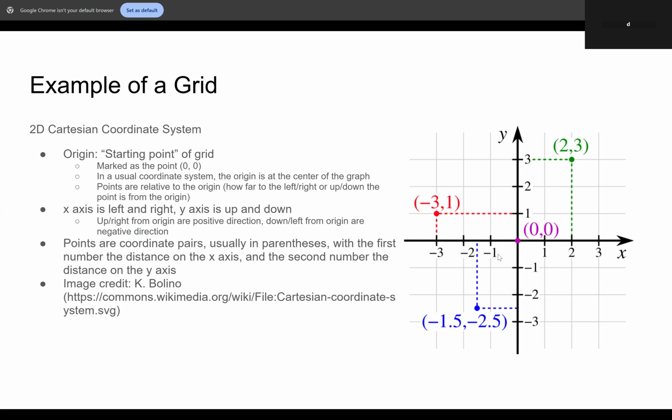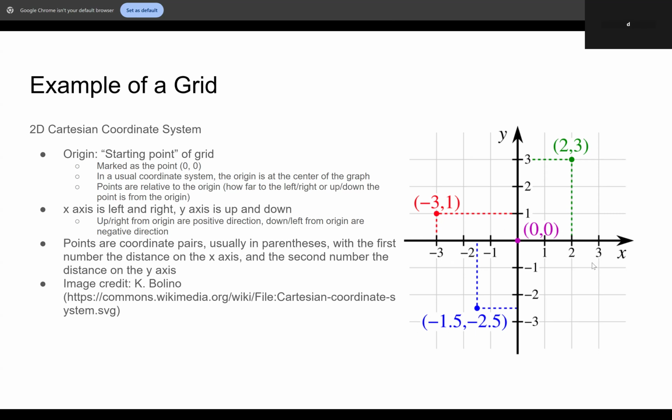And on the opposite of that is negative 1.5, negative 2.5, which is 1.5 steps to the left of the origin and 2.5 steps down. And you've got this nice little grid, even with the evenly spaced numbers.